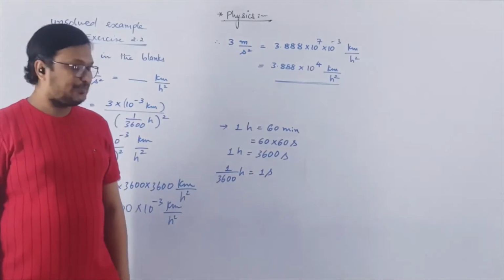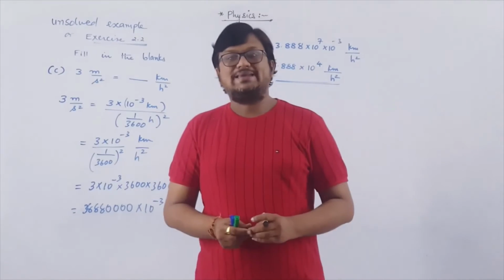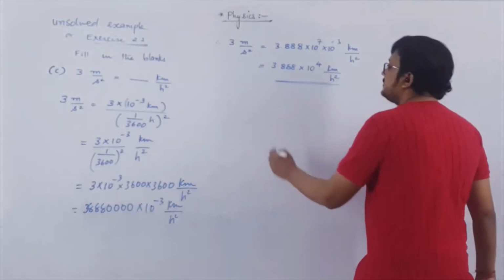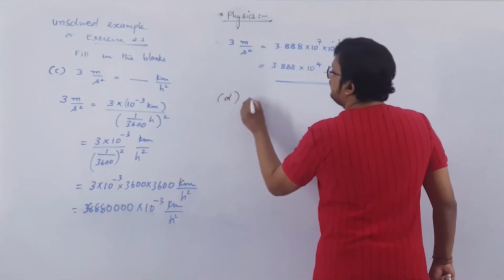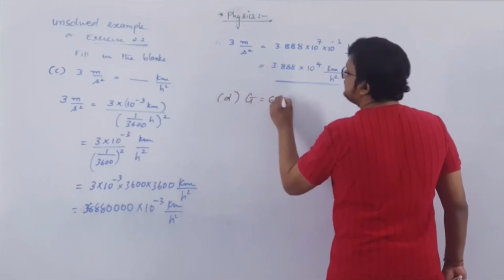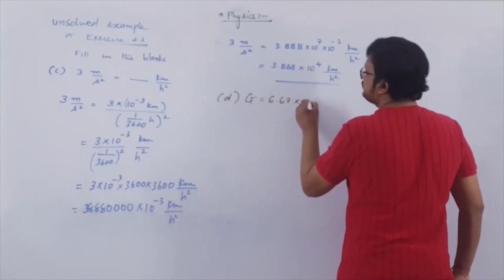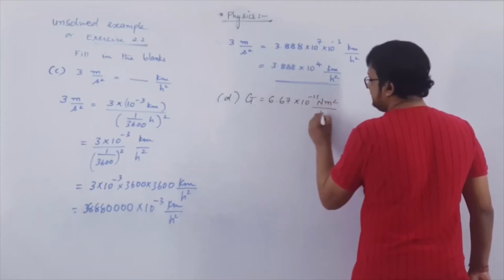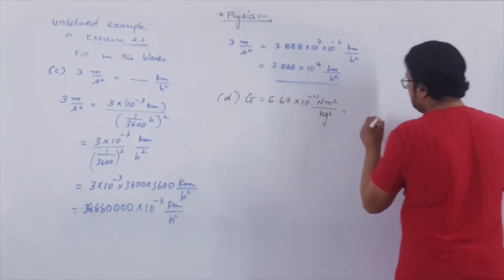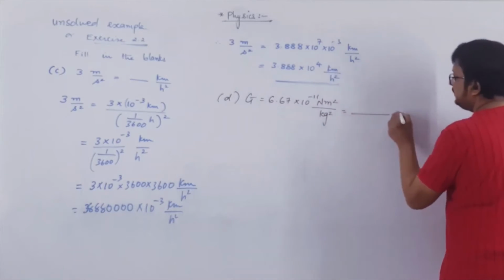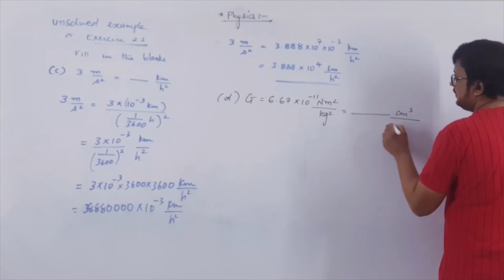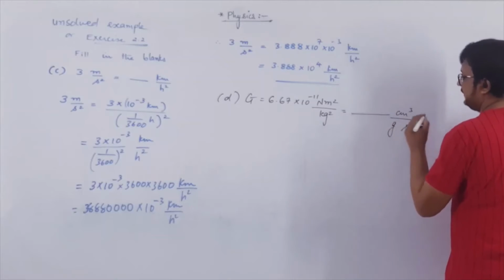Now the fourth case for exercise 2.2 is, say D: G is equal to 6.67 into 10 raised to minus 11 Newton meter square over kg square is equal to blank centimeter cube over gram second square.